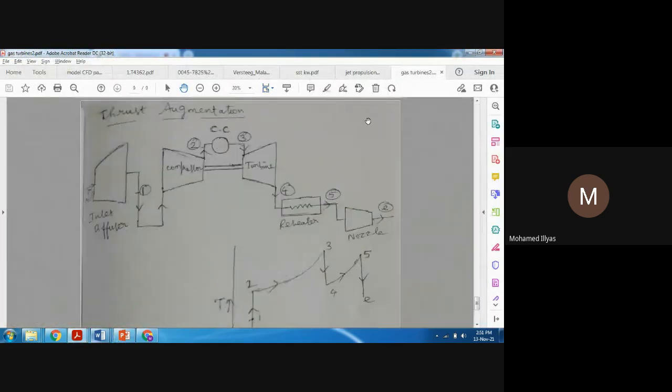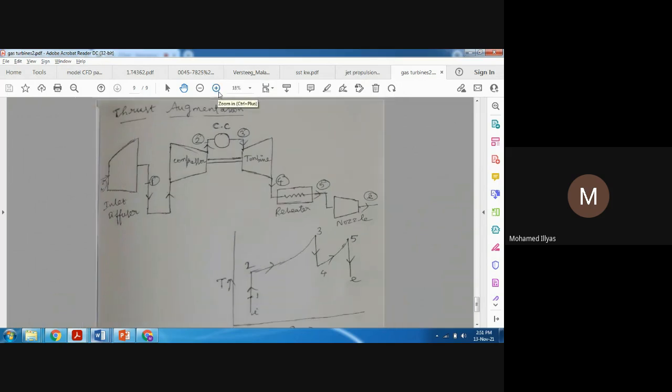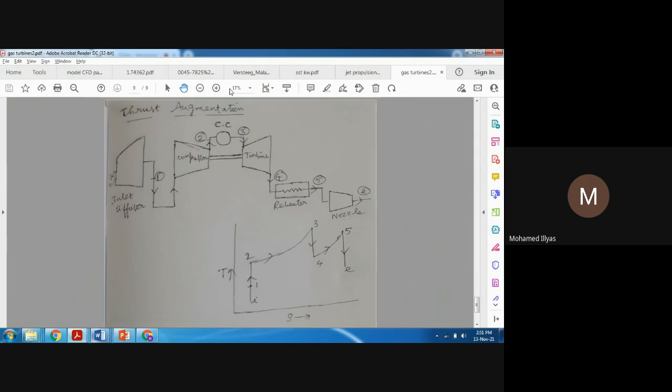In thrust augmentation. Okay, next to this problem.